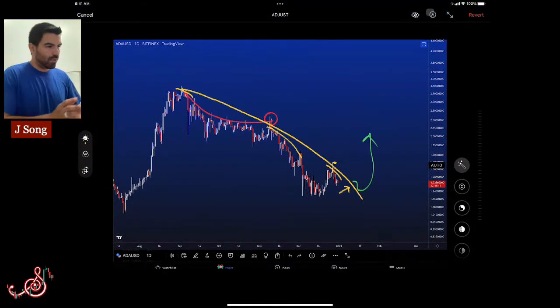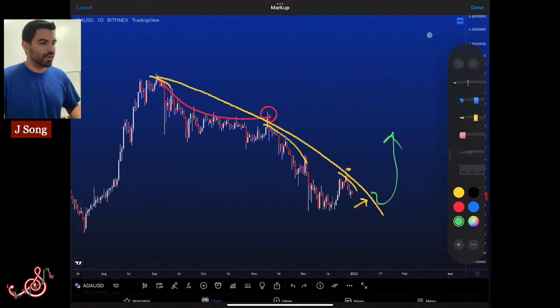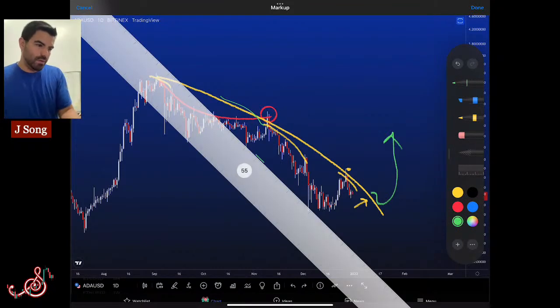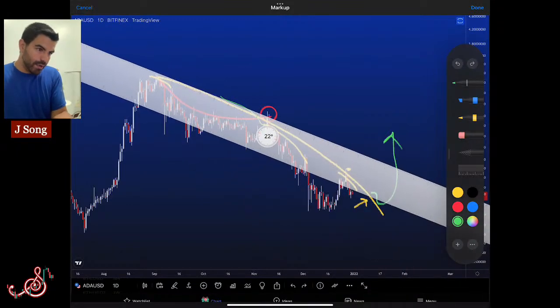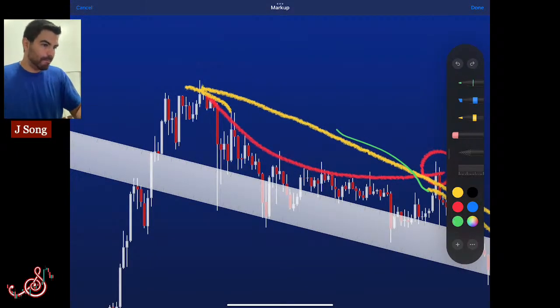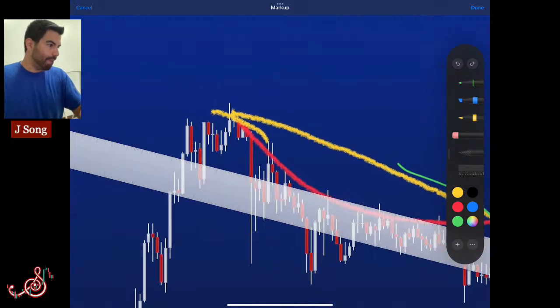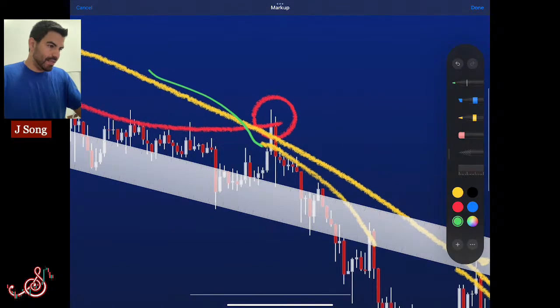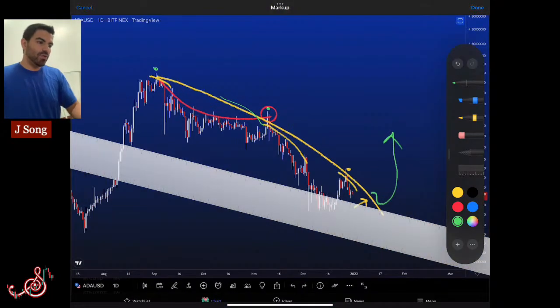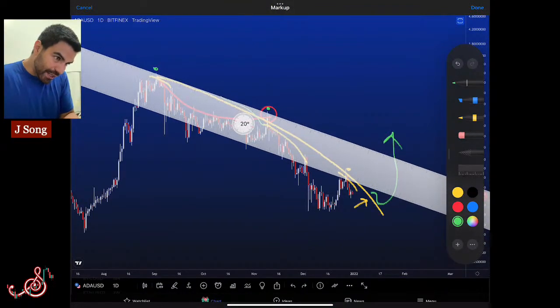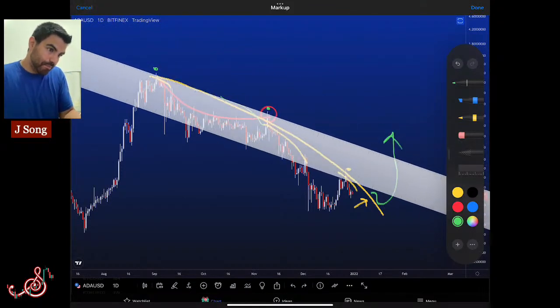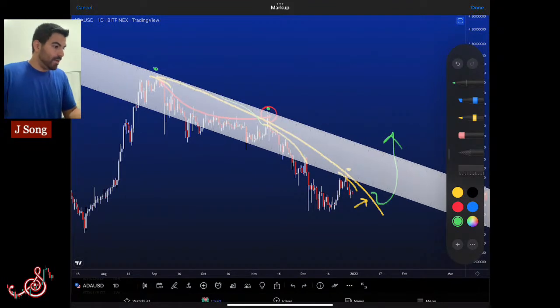Edit, markup on the iPad app, markup. We're connecting these wicks, which are these top levels right there and here. You connect those as best you can. Okay, good. And then you draw the resistance level.